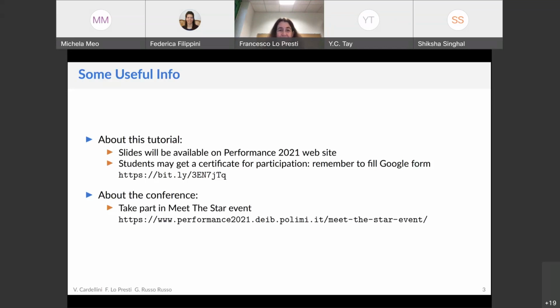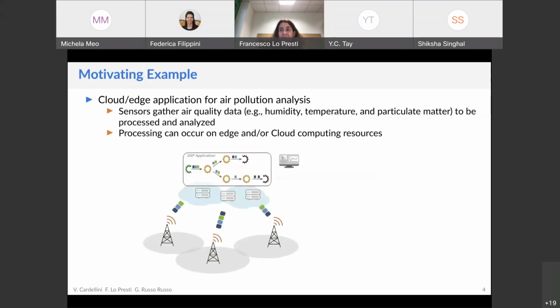So let's now start with our tutorial, and let's start with a motivating example that can introduce us to the challenges that we are going to introduce and hopefully solve, at least partially, with this tutorial. Let's consider an application which can be executed in the cloud or at the edge, or even using some fog nodes.